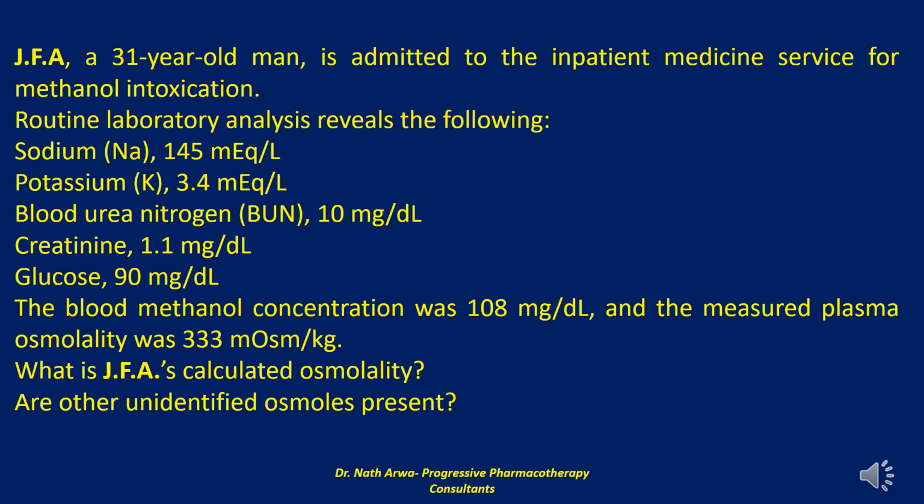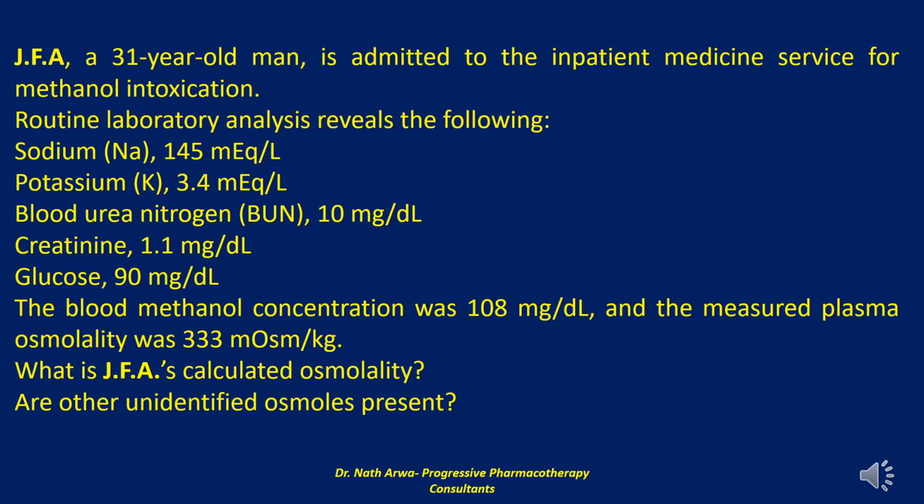JFA's total calculated osmolality is POSM equal to 2 times the sodium concentration in millimoles per liter, plus the glucose concentration in milligram per deciliter, all divided by 18, plus BUN in milligram per deciliter divided by 2.8.